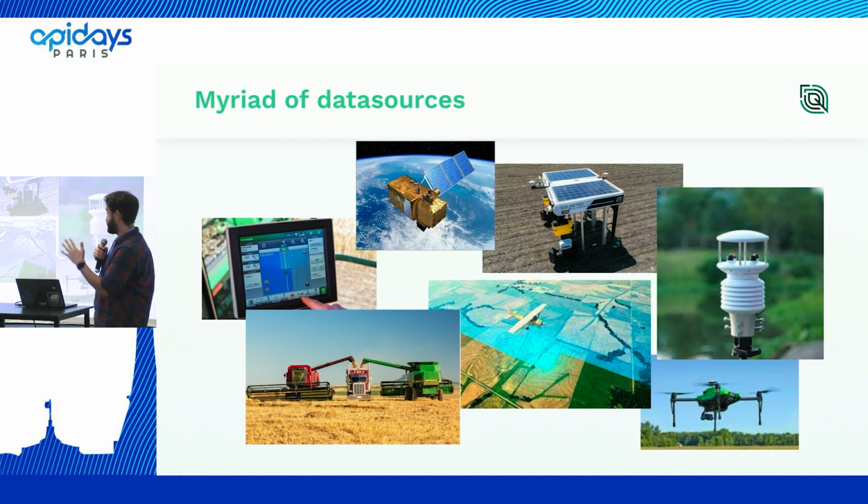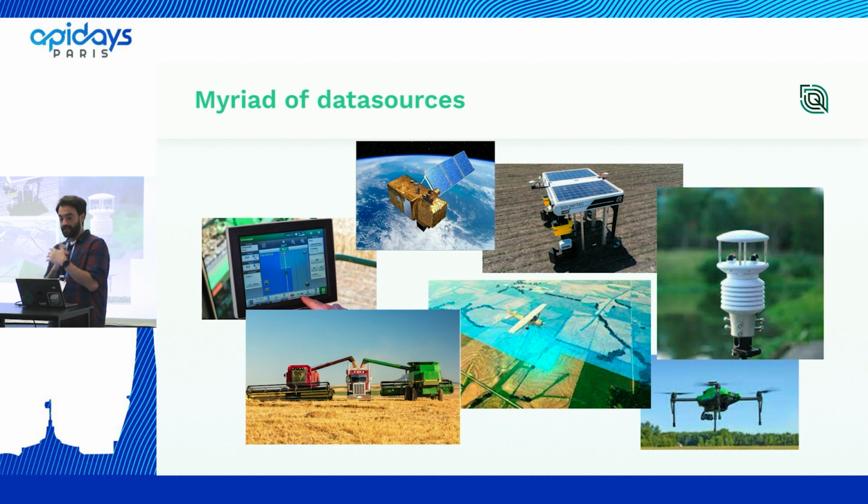We have a myriad of sources like machinery, satellite, new types of machinery like robots, micro-weather stations, drones, airplanes, and of course the traditional combines that have also been creating data for more than 20 years.